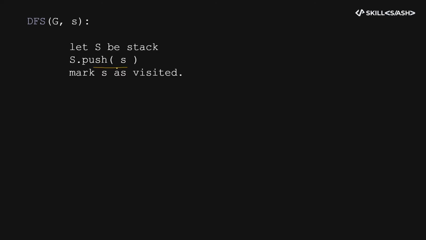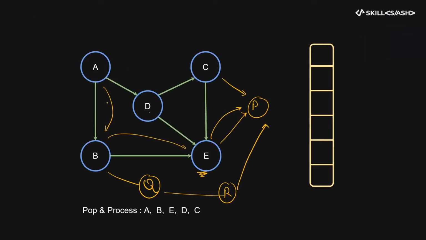Okay, so let's say I push the node A into the stack. I'll mark that node as visited, and then what I had to do, if you have seen the process, it was like A to B I went, B to E I went, and then as from E there was no other path, I came back from E to B, B to A, and then after that from A I started processing D.